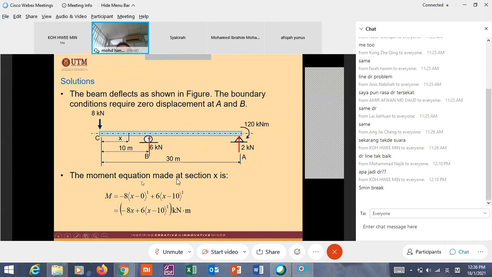The moment equation made at section X is M. What is X? Here, M equal to 8 times X minus 0, or equal to 8X plus 6 times X minus 10. What is this?